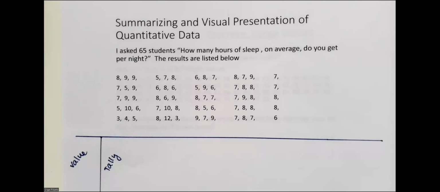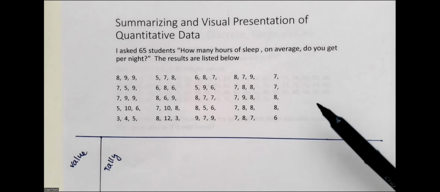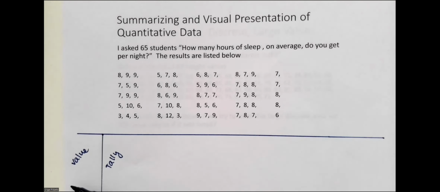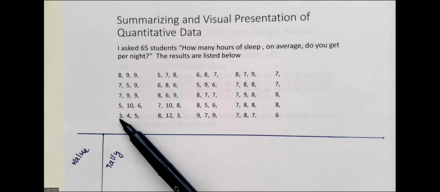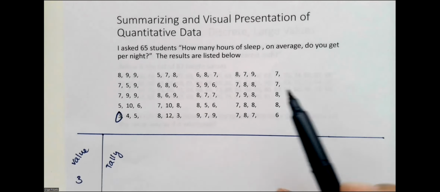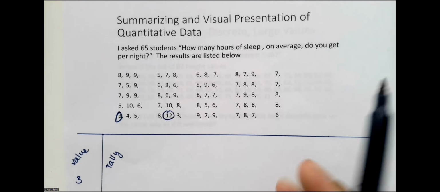So here's my data set, and I'm going to create a frequency distribution just like before by listing all of the values from smallest to largest. So our smallest value is 3, and our largest value is 12.